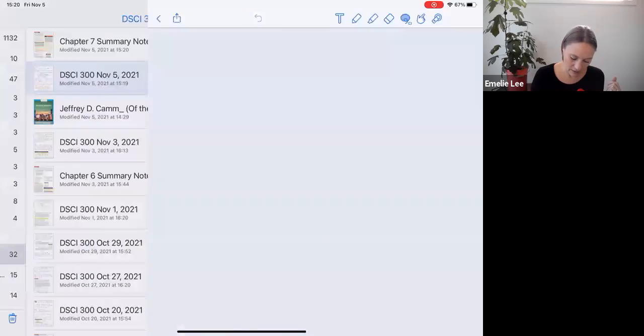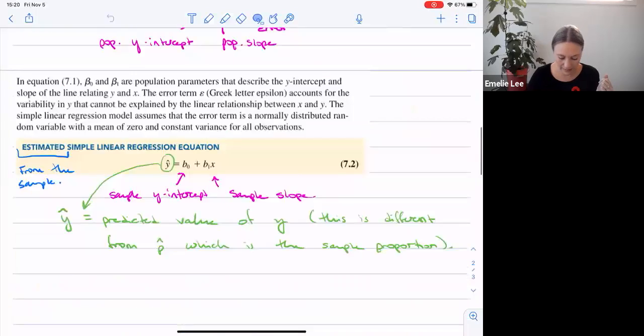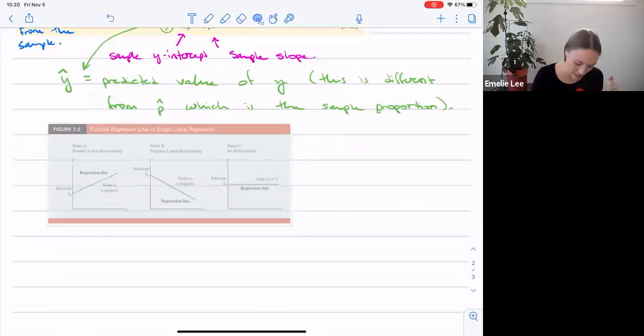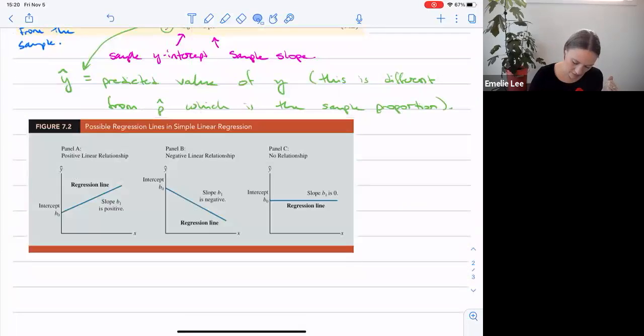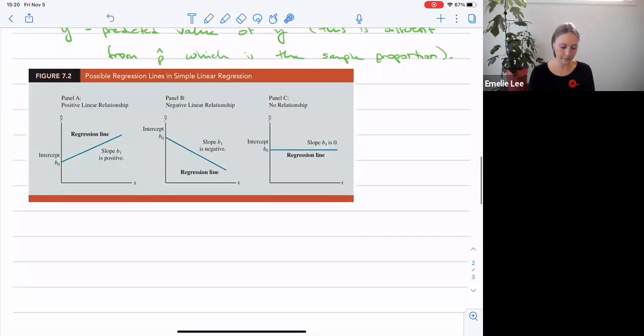Depending on the slope and the relationship of the data, we could have a positive linear relationship. Now notice it always has to be linear, otherwise we can't model it with a straight line. I'm going to introduce just briefly some other non-linear relationships that you could look at.